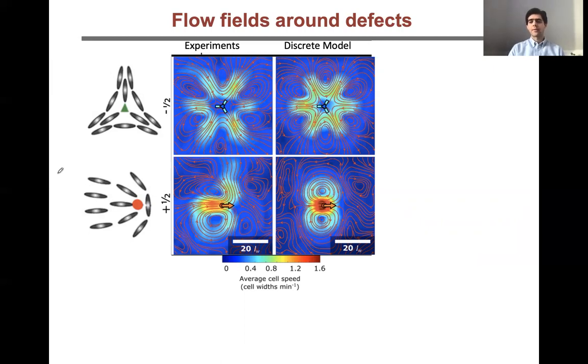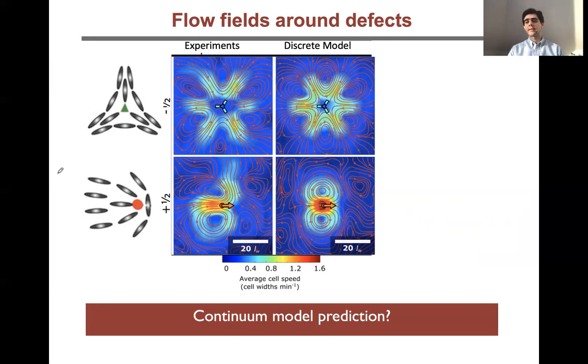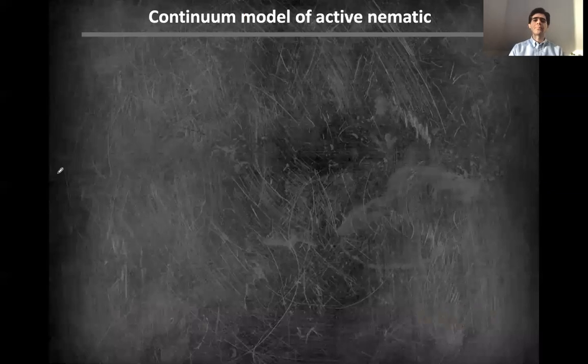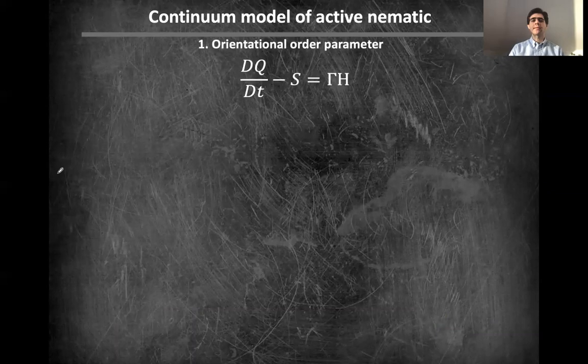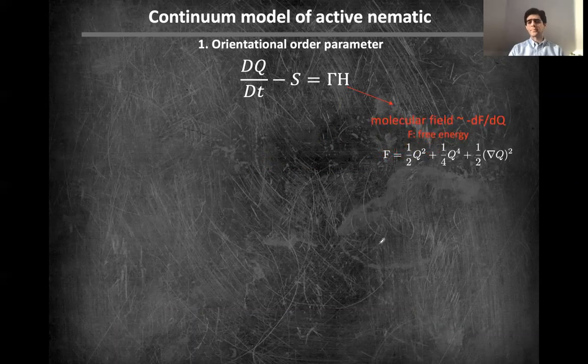Next, we ask if the continuum theory would produce the same result. And this is basically the continuum active nematics theory that I'm pretty sure you have already been introduced to. And just a quick recap, this consists of considering the nematic tensor that relaxes to the minimum of free energy that is described by the Landau-de Gennes expansion plus the Frank free energy.